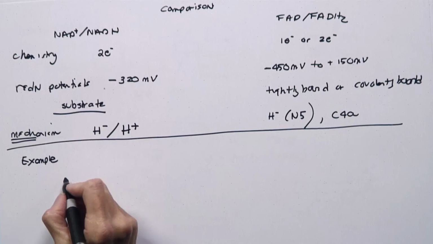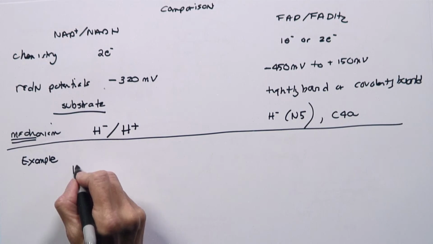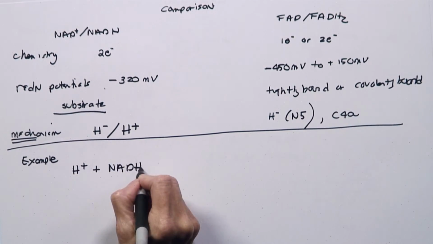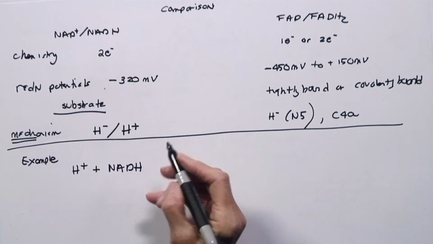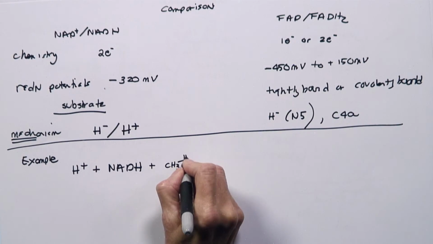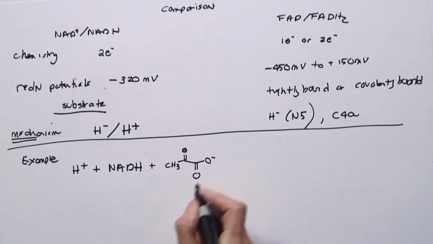Okay, so what happens at one anaerobic ending of glycolysis is you need a proton plus NADH, the reduced form that's generated during glycolysis, plus the molecule called pyruvate. This is a molecule you're going to see over and over again over the course of the semester, whose structure you need to remember.